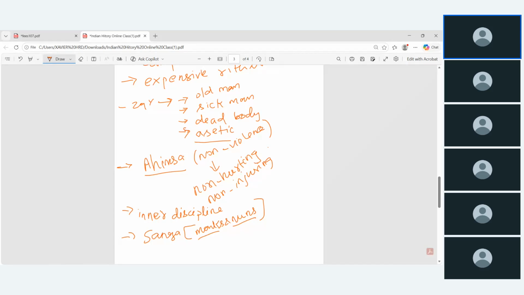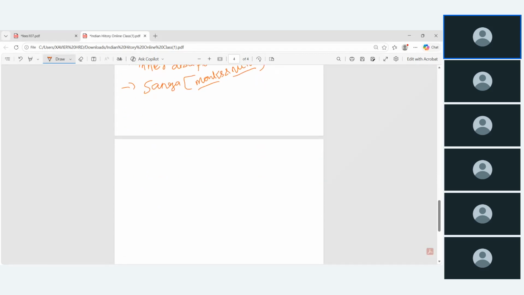So this is one part. Another part in this book talks about Jainism. Jainism existed before Buddhism. In the class we will talk about three Tirthankaras. First Tirthankara Adinath, then Rishabhadev, and then Vardhaman Mahavira.